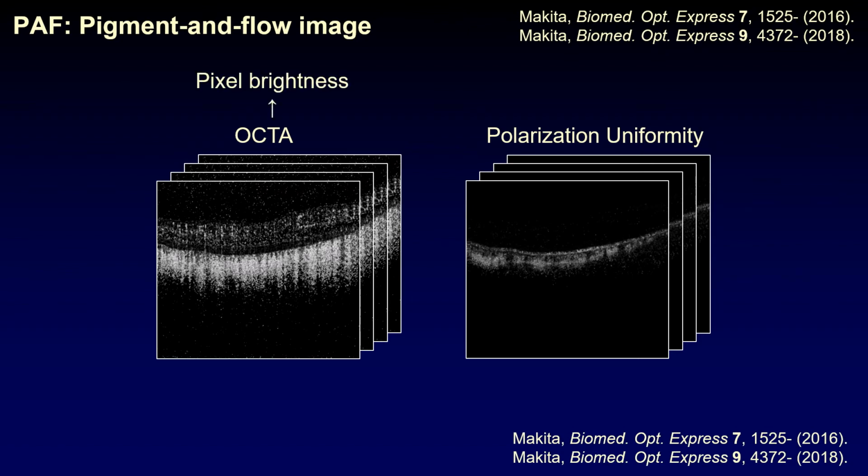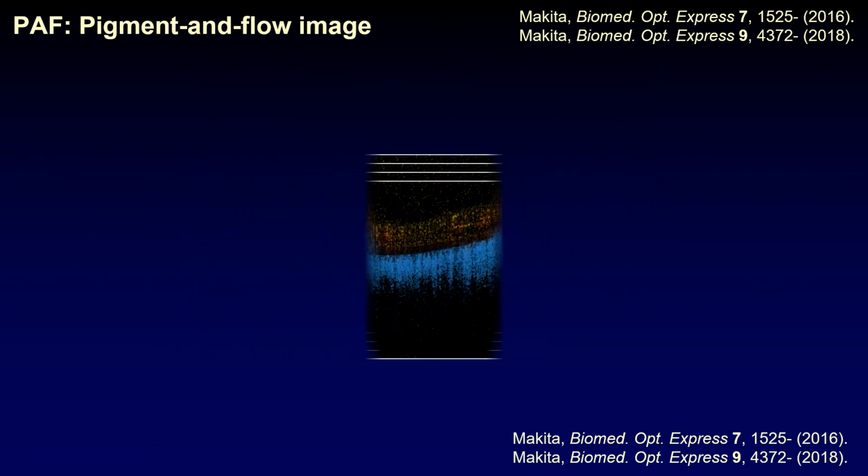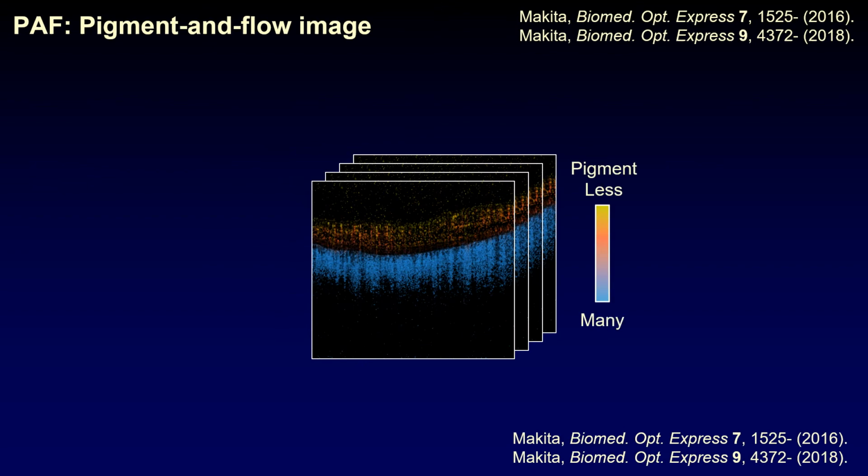OCTA is used to determine the pixel brightness. From the polarization uniformity, we compute the cumulative amount of melanin above the blood vessel, and this is used to determine the pixel color. By fusing these two volumes, we are going to have this pseudo-color OCT volume, and we are going to watch it from the top.